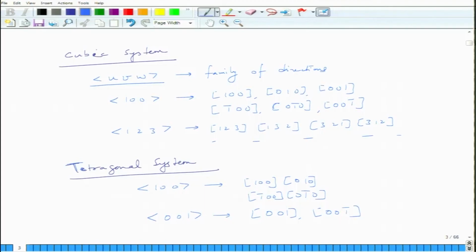So they are two different vectors. This is the difference between tetragonal and orthorhombic. Again you can work out the multiplicities by yourself. For example, for cubic system your 100 will have a multiplicity of 6, your 110 will have a multiplicity of 12, your 111 will have a multiplicity of 8. So that is how you draw various directions.